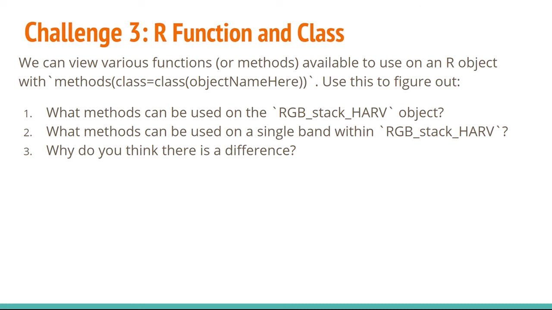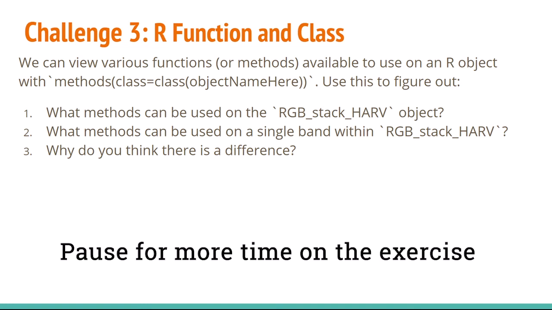And we can use this to figure out, 1, what methods can be used on the RGB_stack_harv object, 2, what methods can be used on a single band within RGB_stack_harv? And 3, why do you think there is a difference?